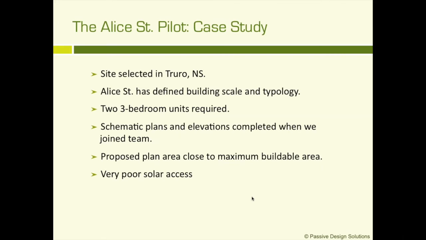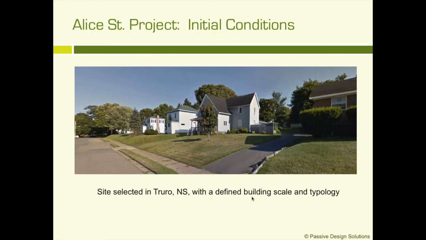It was really defined by its building scale and topography. It was a 3-bedroom duplex, and the schematics and elevations were already completed when we joined the team, and the proposed plan was very close to the maximum buildable area of the lot, and the lot had extremely poor solar access. So this is the streetscape.